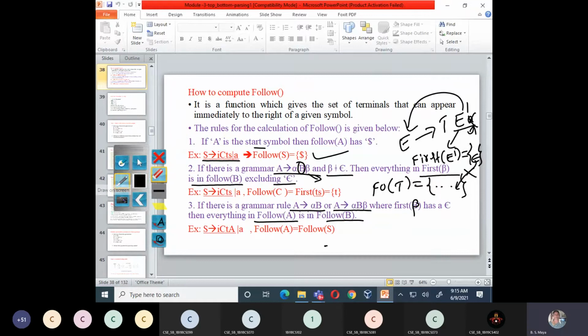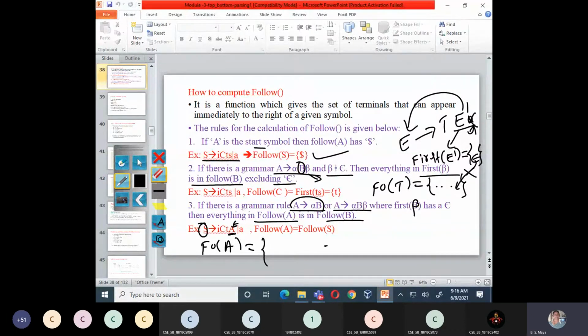So just observe now. I have to find out the follow of A. Is there anything after A? It should look like this. Nothing is there, it is epsilon. Then how to find follow of A? If nothing is there in front of A, then you have to take the follow set of the head of the production.